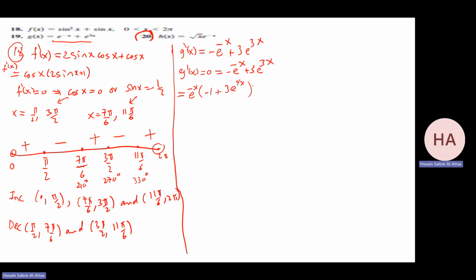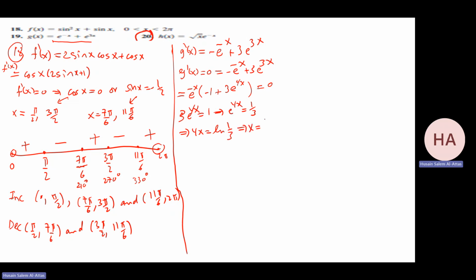Okay, I want this equal to 0. This one cannot be 0. It's impossible to be 0. So I have 3e to the 4x equal to 1, or e to the 4x equal 1 over 3. Take ln. I have 4x equal ln 1 over 3.